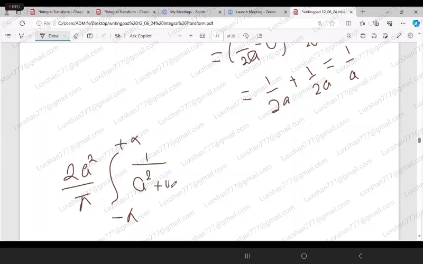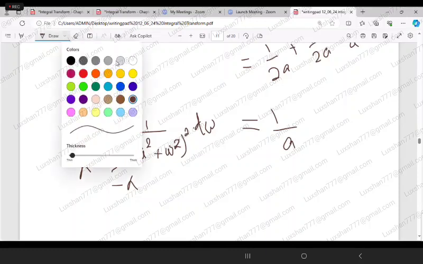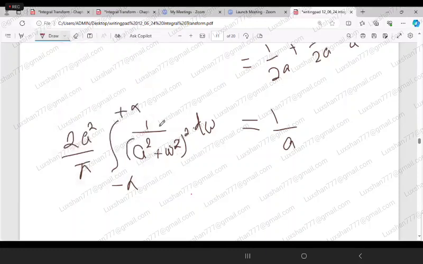It doesn't matter, it's just a matter of variable. d omega is equal to 1 over a. Now, how can I change this to 0 to infinity? Can anybody tell me? We can't just change this one. But if you have any idea about this function, we can change this. Actually, if you look at this function, what kind of function is this? Can anybody tell me what kind of function this is?